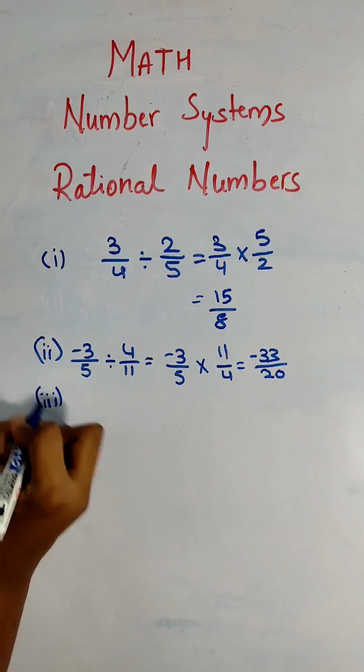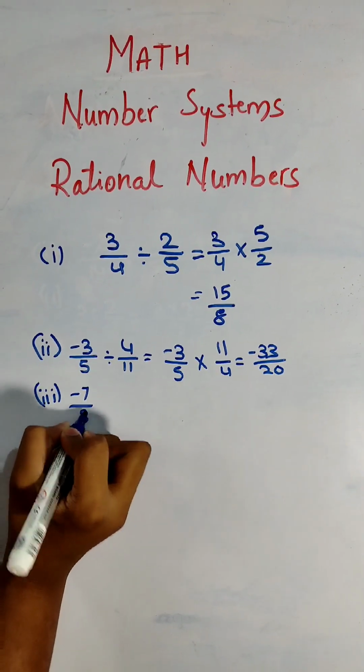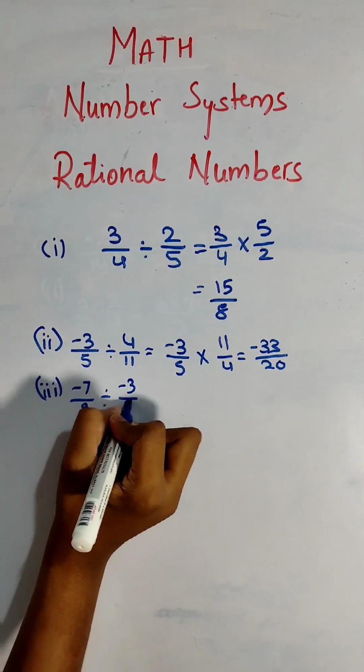The third and last one we'll be taking for this will be minus 7 by 8 divided by minus 3 by 6.